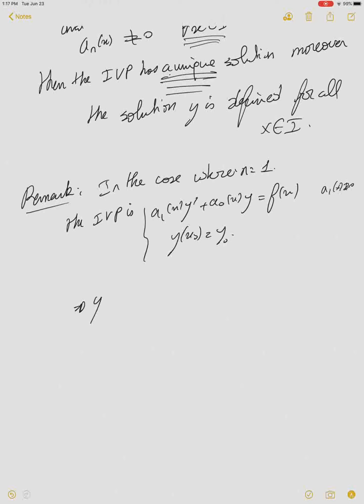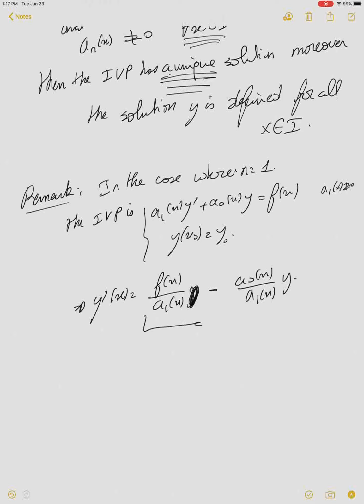So this implies that y'(x) = f(x)/a1(x) - a0(x)/a1(x) times y.